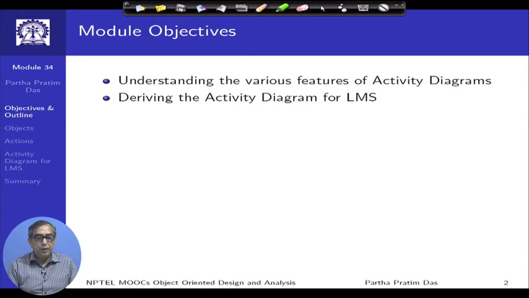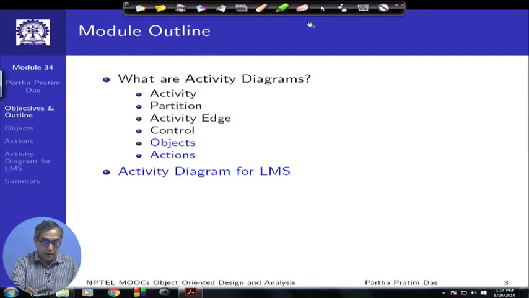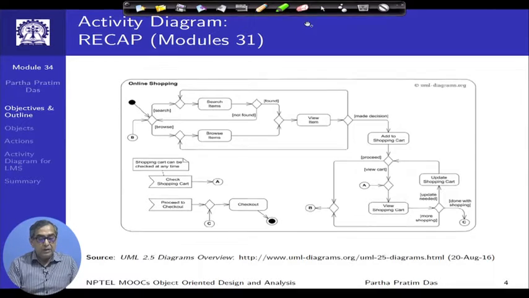In this module, we will continue further, and we will specifically take a look into objects and actions, and then we will take a brief look into the leaf management system in terms of the activity diagram. So, this is one diagram you can recapitulate on in terms of what we have studied earlier.